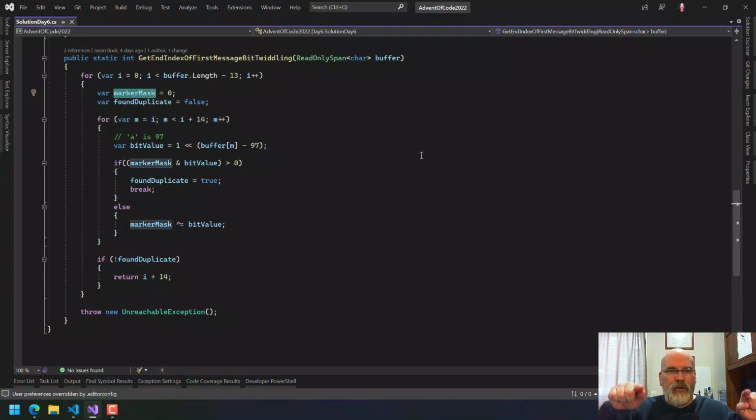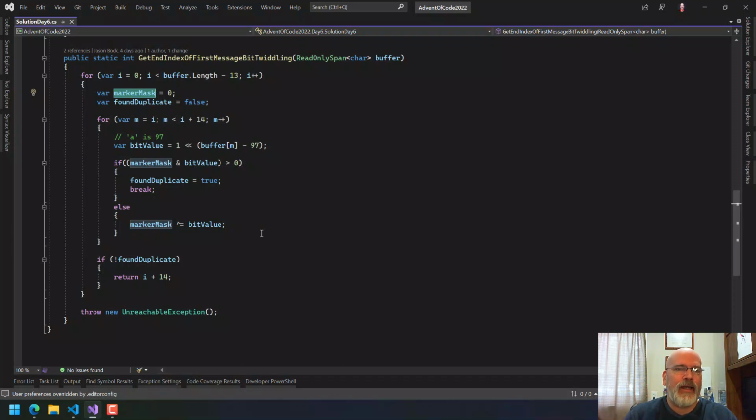Because you're going through the characters and you can say, well, A is the 0th bit, B is the first bit, and so on. And so you're trying to find, did I flip this bit or not? And if I had before, then I need to turn it off, or on, or however I did it, to make sure that I found a duplicate or I didn't.